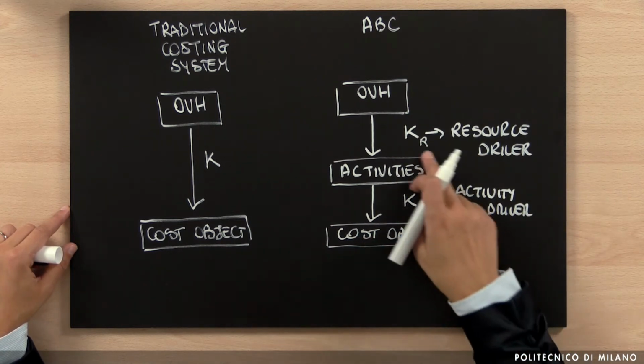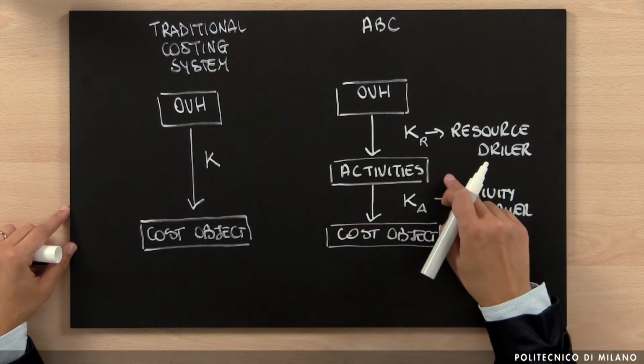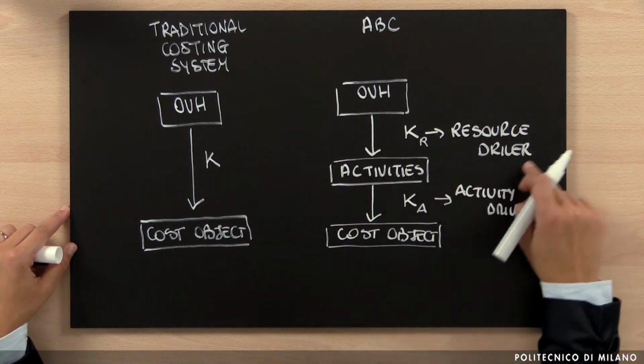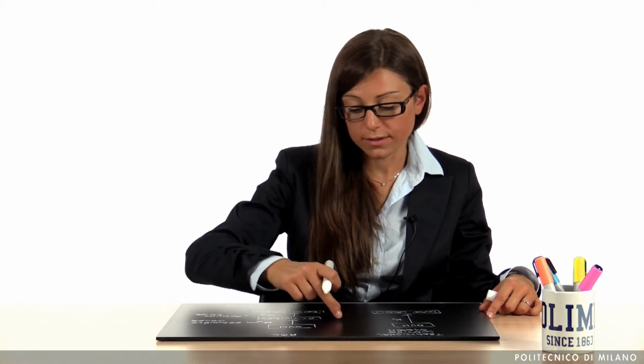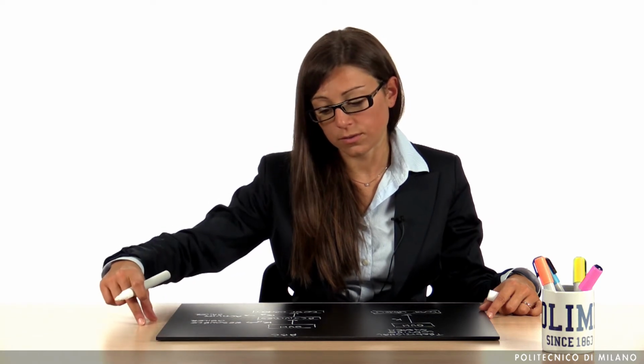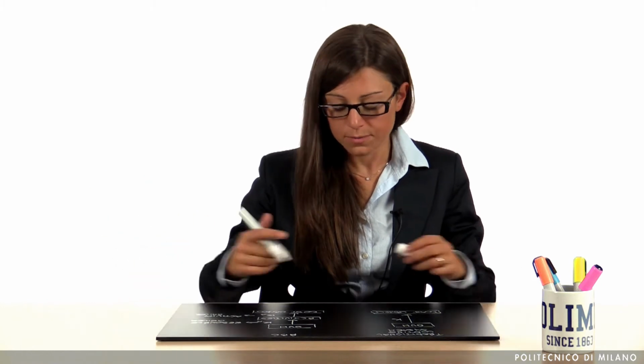This is more precise because of the introduction of the activities. Usually, the resource driver is represented by the time. If we have a resource, we look for the time for which the resource is employed for performing different activities. Once we have the cost of the activities, we can have several different types of drivers.